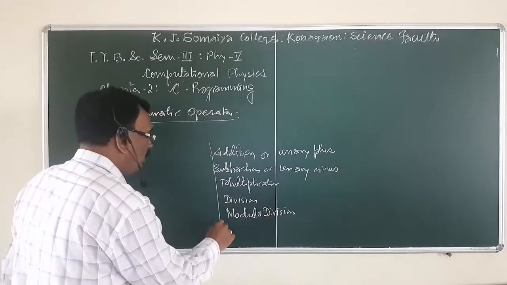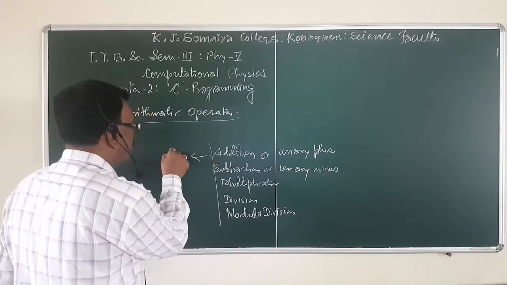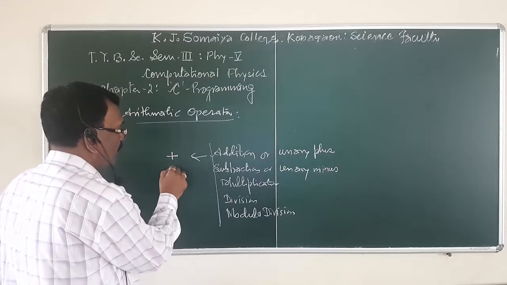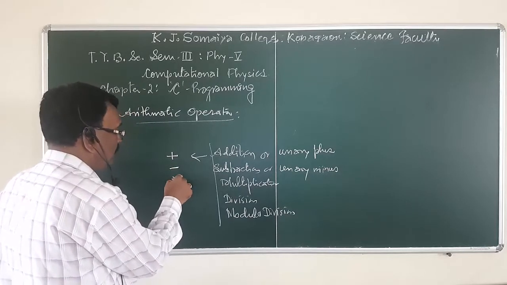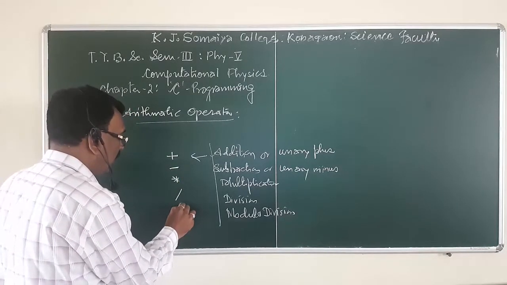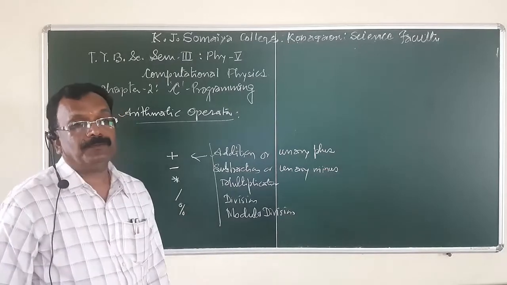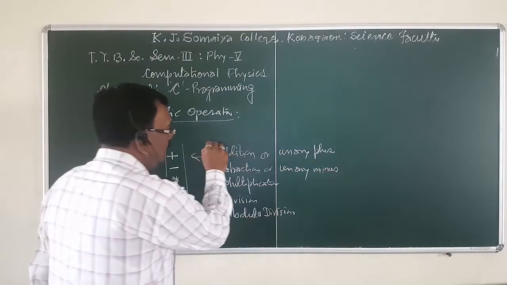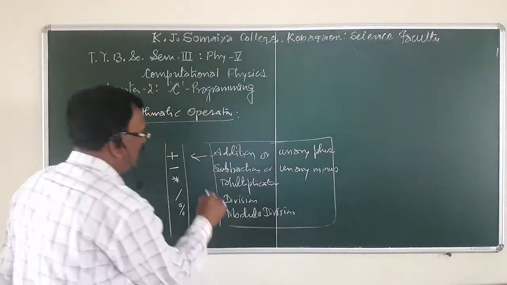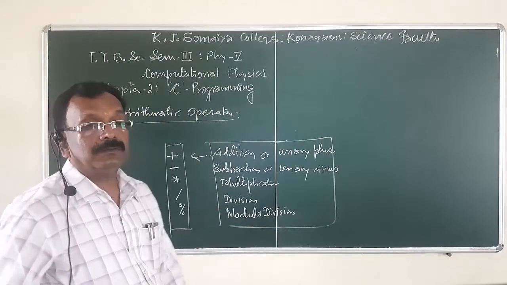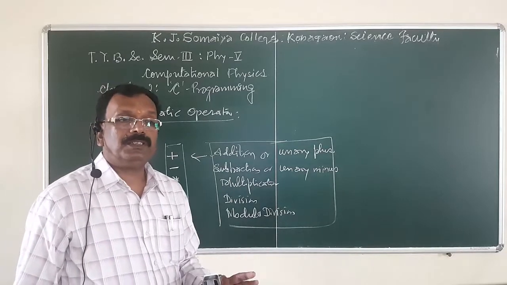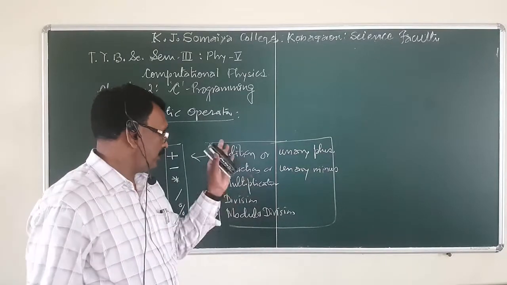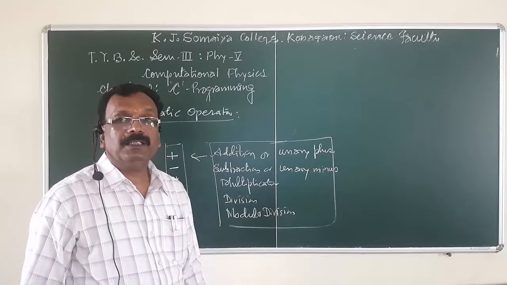For this purpose the operators used are plus, minus, multiplication, division and modulo operator. These are the operators and this is the meaning of every operator. Now we are going to see some examples of these arithmetic operators.